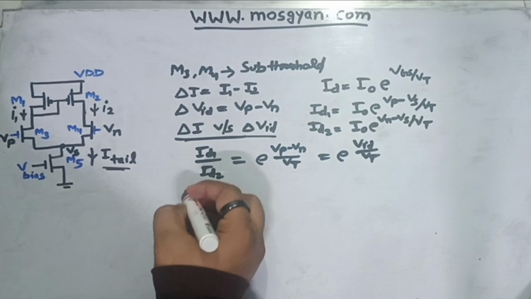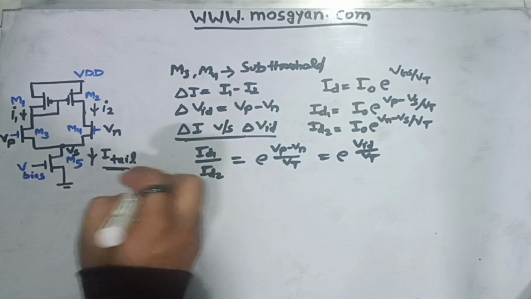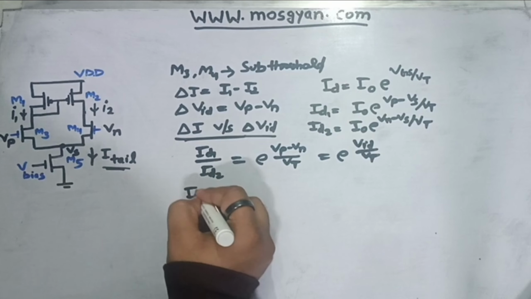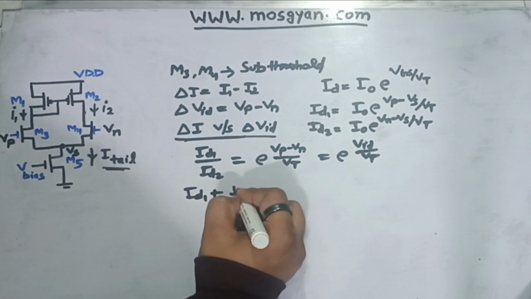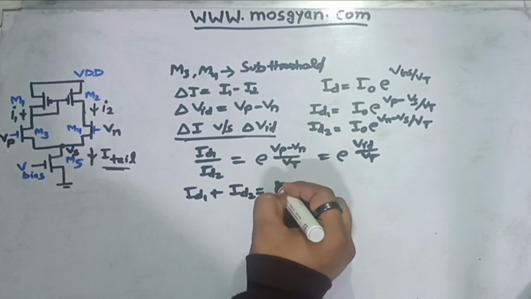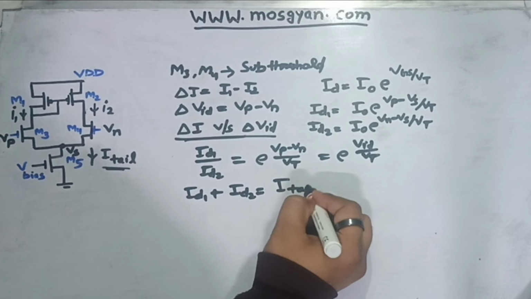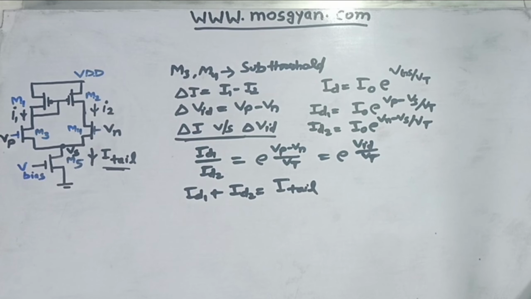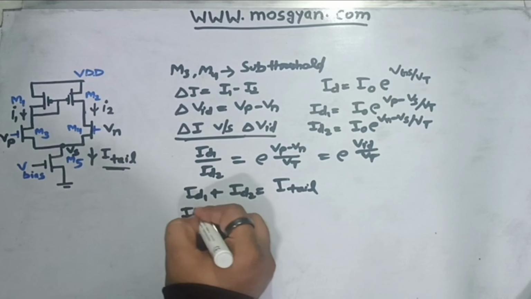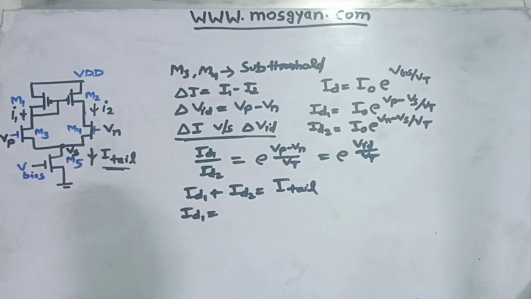And we also know, it is not in this question only, for any differential amplifier this is valid, ID1 plus ID2 will be equal to I tail. This we know will be valid for any kind of differential amplifier. Now let's assume ID1 value, we are considering one variable.